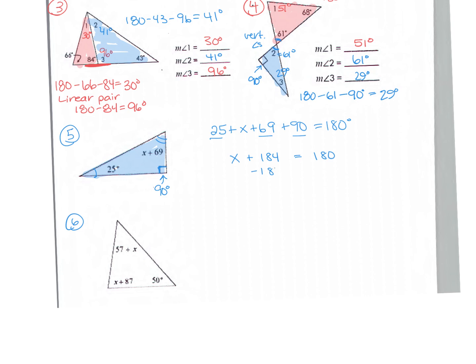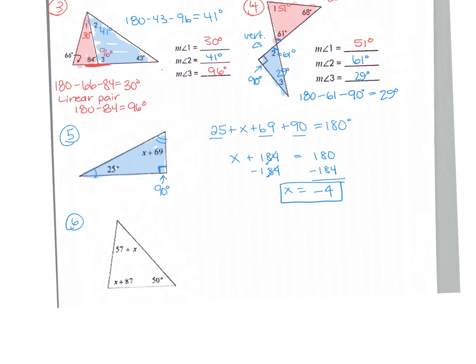So I'm going to subtract 184 from both sides, and the 184's cancel. I get x equals, and on my calculator or by hand, when I do 180 minus 184, I get negative 4 for my answer. A lot of times we get nervous when we get a negative answer, so let's double check, because I too get a little bit nervous when my answer is negative.